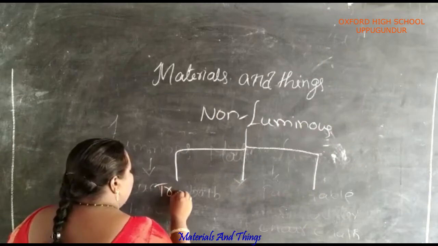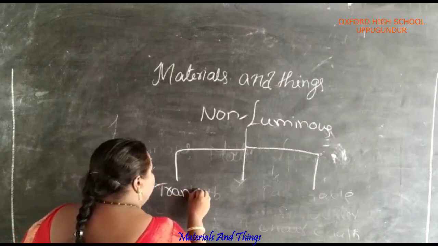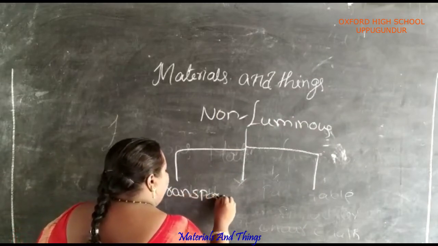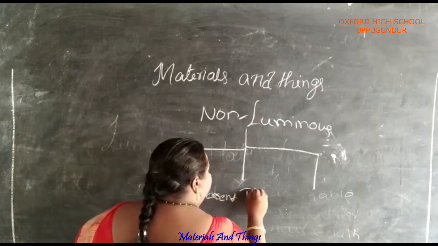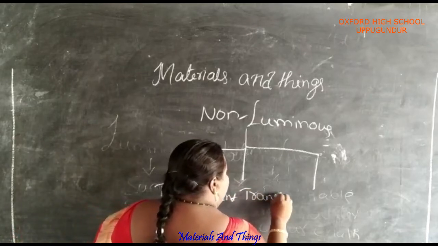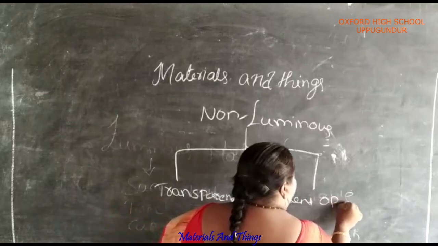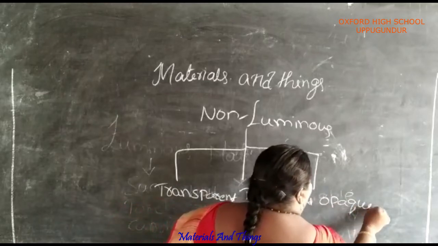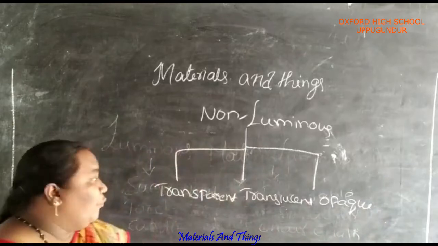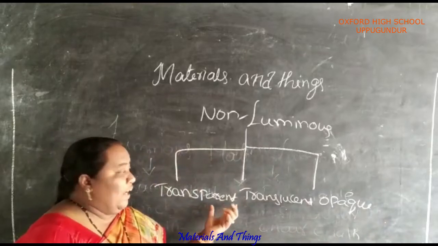First one, transparent. Second one, translucent. Third one, opaque. What is meant by transparent?